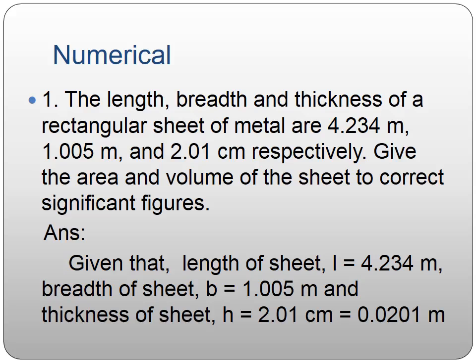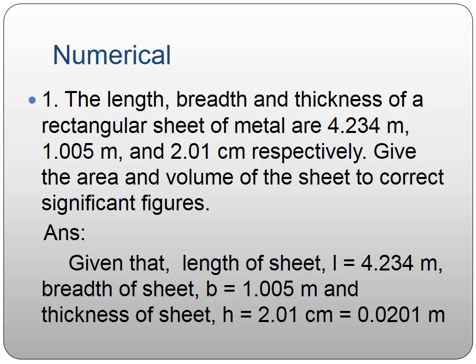Given that length of the sheet L is equal to 4.234 meter, breadth B is equal to 1.005 meter and its thickness H is equal to 2.01 centimeter, which is converted into meter.